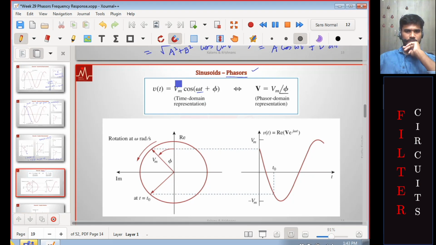Okay, we are concerned about what its peak is. We are concerned about what its phase is. And we are going to define something called a corresponding phasor, capital V of t. This is bold V of t. Okay, that has this notation. It has its peak and it has its phase as an angle.